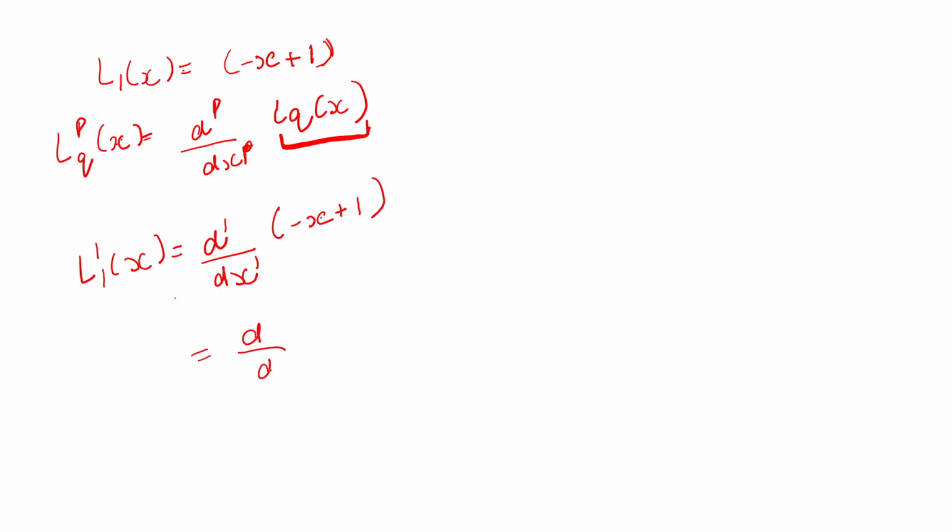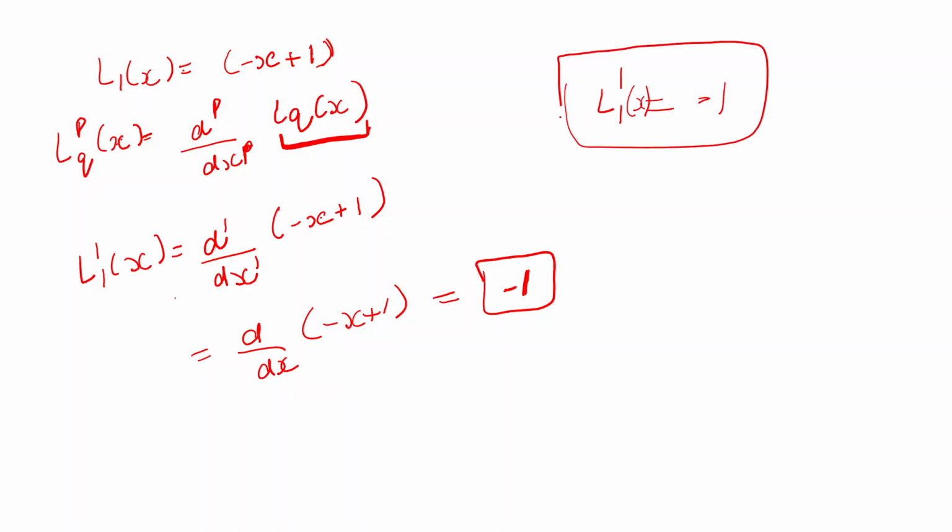So d by dx of minus x plus 1. dx by dx is 1 only, so the answer will be minus 1. So L_1^1 is equal to minus 1. This is your Laguerre polynomial L_1^1(x). Similarly, you can calculate for L_2^1 or L_3^1, whatever is given in the question.